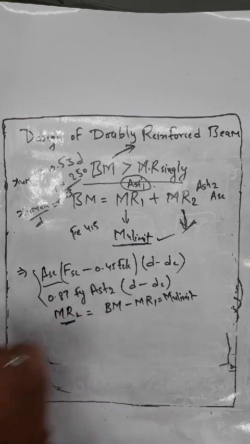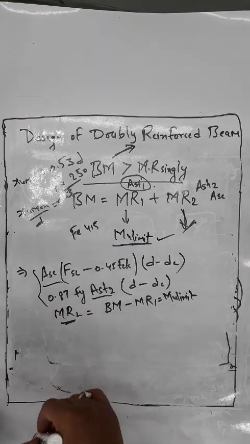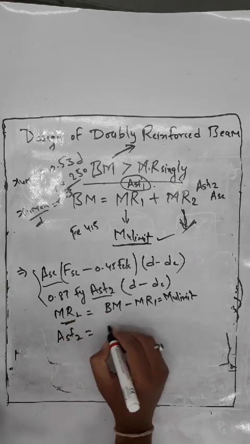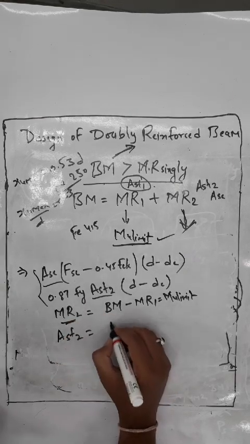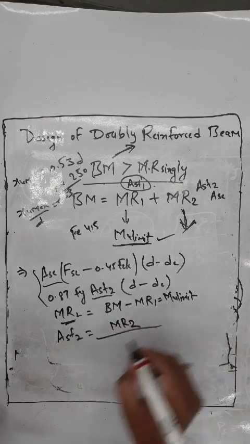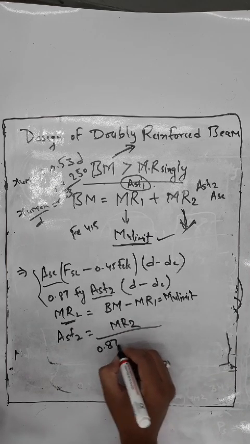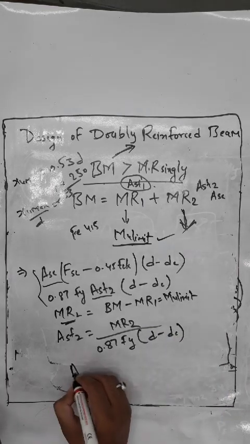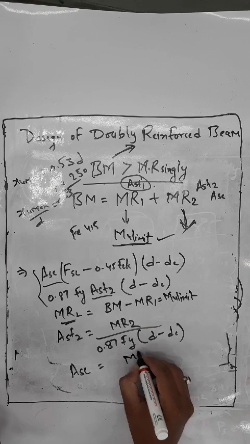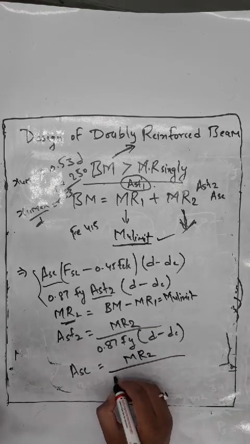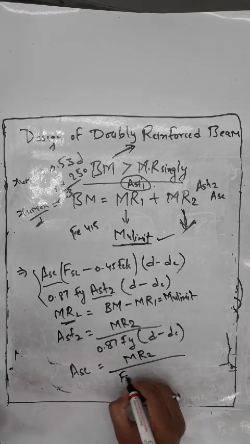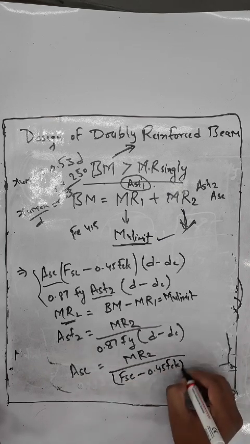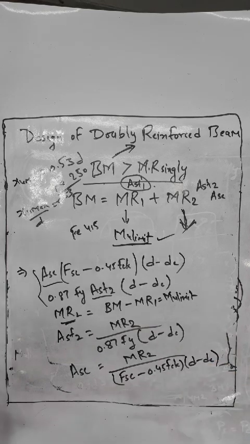For ASC we use this equation, and for AST we use this equation. So for AST2 we use MR2 divided by 0.87 Fy (d minus dc), and for ASC we use MR2 divided by (FSC minus 0.45 FCK) (d minus dc).